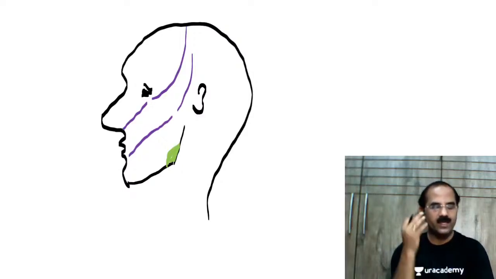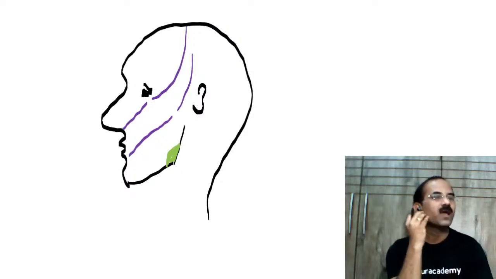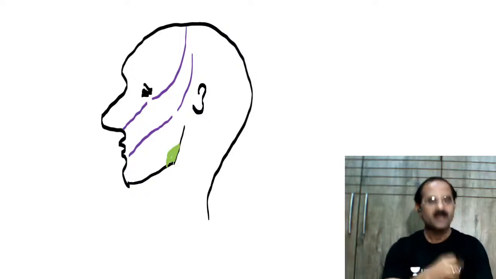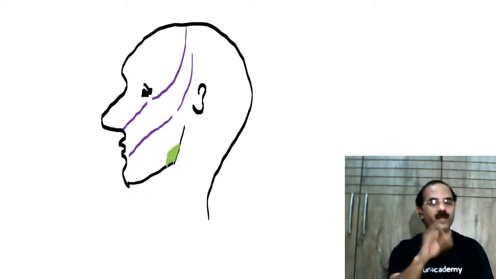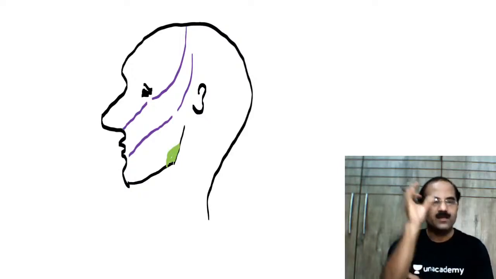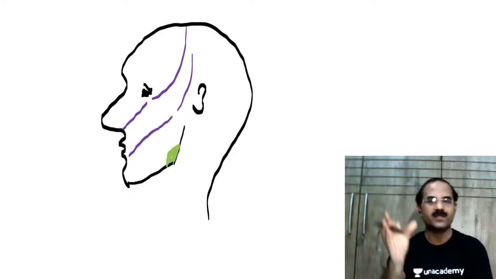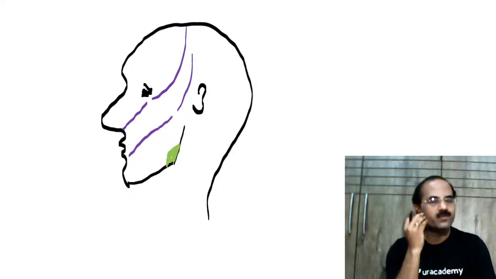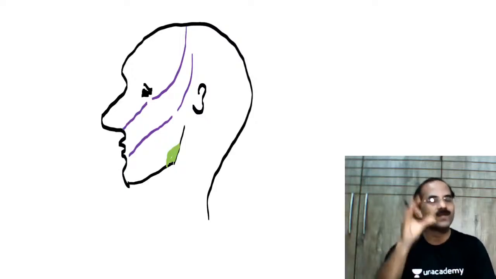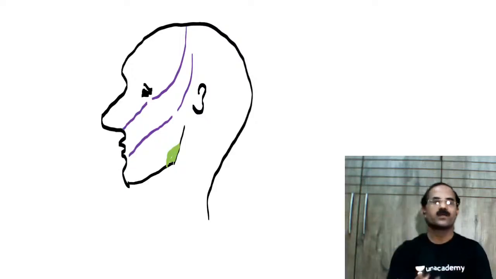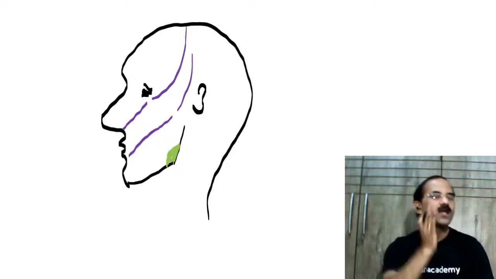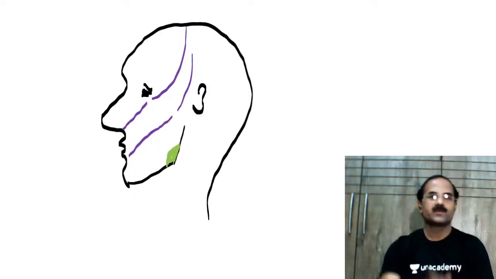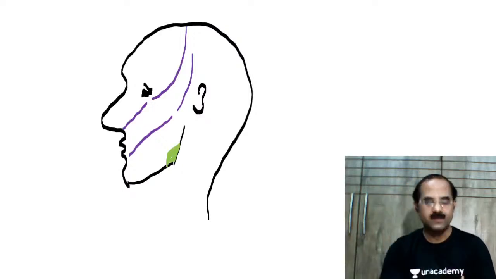The skin over the angle of the mandible. So the skin over the angle of the mandible is supplied by the greater auricular nerve, and this greater auricular nerve is a branch of a plexus found in the neck, the cervical plexus. We'll come to this.